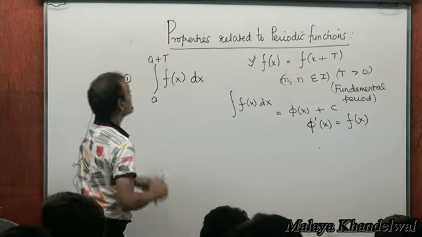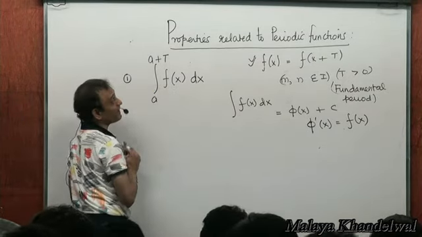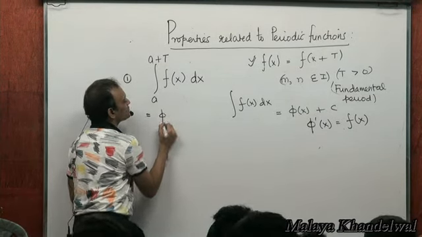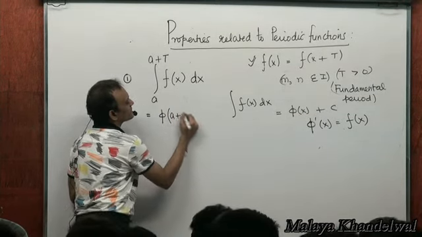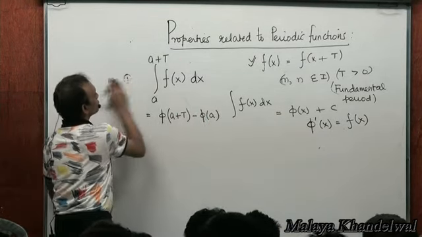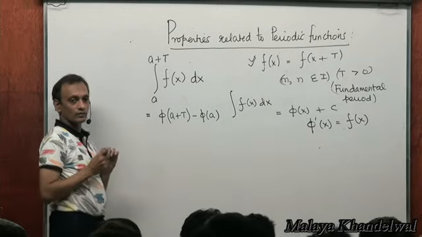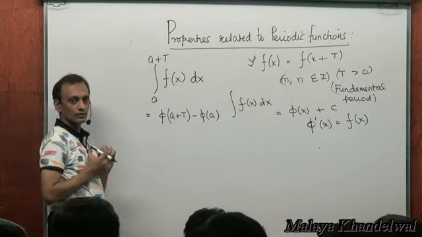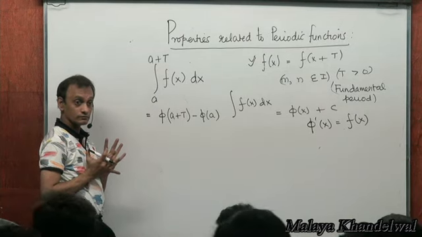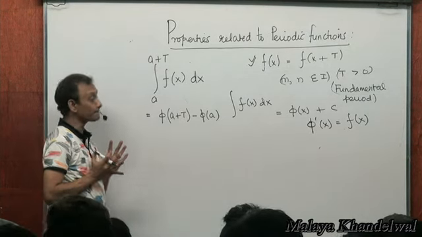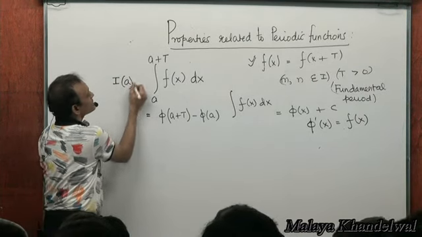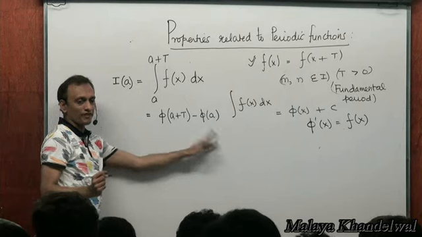Good. So then, if phi is the primitive of f, then this integral, do you realize, would be phi of a plus T minus phi of a? Yes or no? Right? This is some function of a. This turns out to be some function of a, I(a).